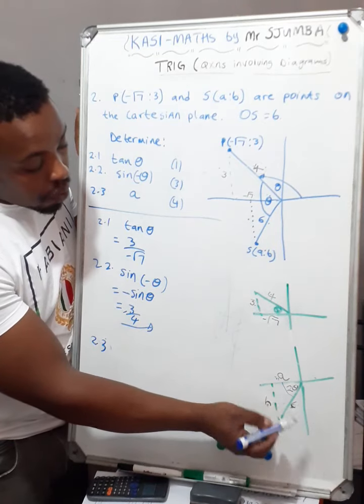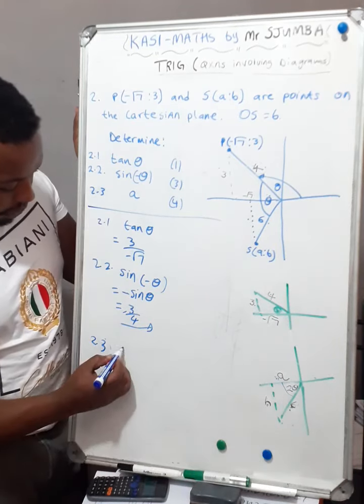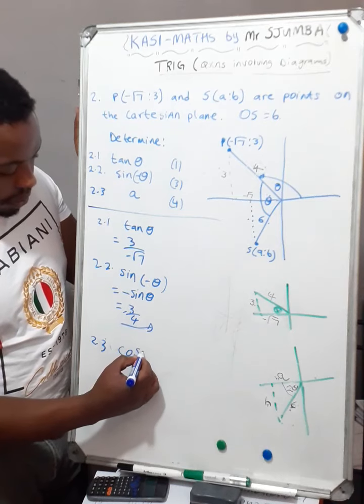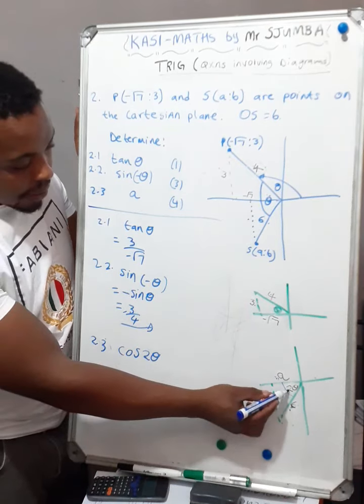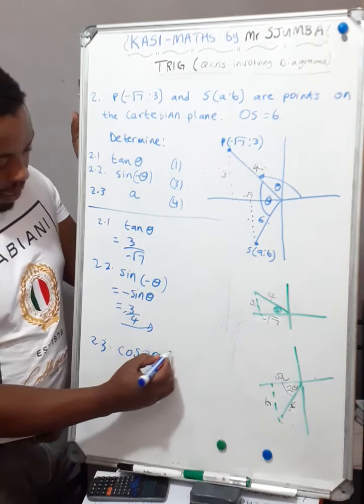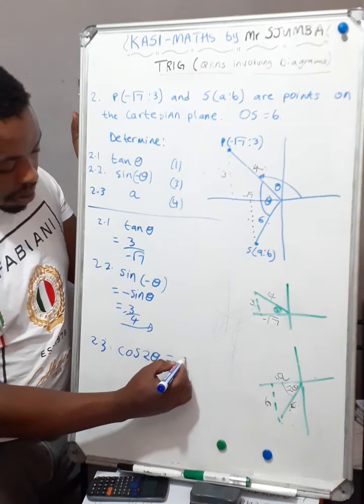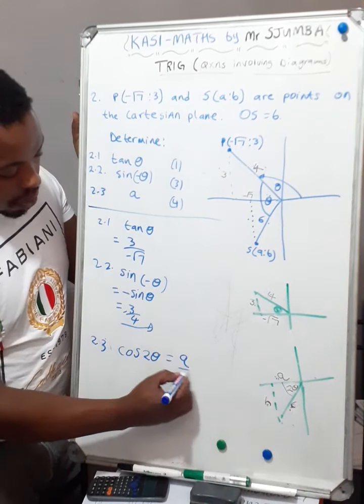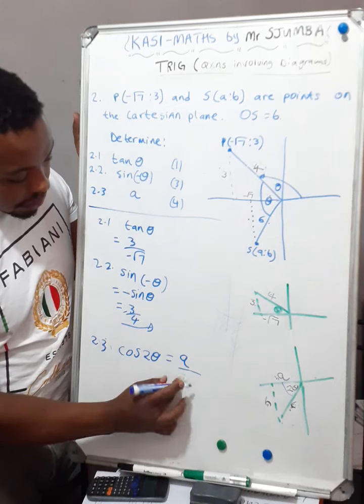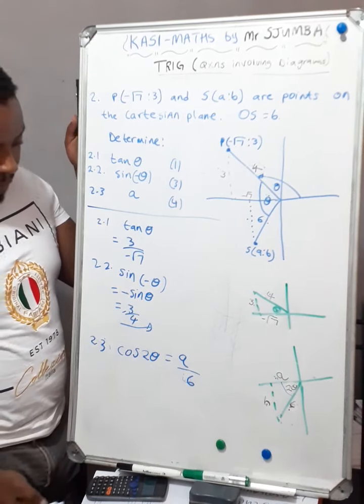So cos is adjacent over hypotenuse, so if we use cos 2 theta, because we use this angle here, cos will be adjacent over hypotenuse, which is 6.